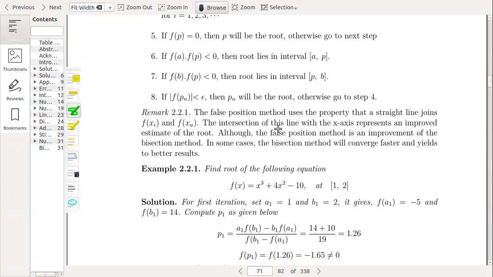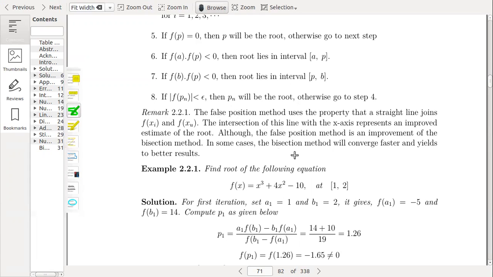The intersection of this line with the x-axis represents an improved estimate of the root. So that is the difference between the bisection method and the Regula Falsi method, because in the Regula Falsi method you join the line with f of xl and f of xu.